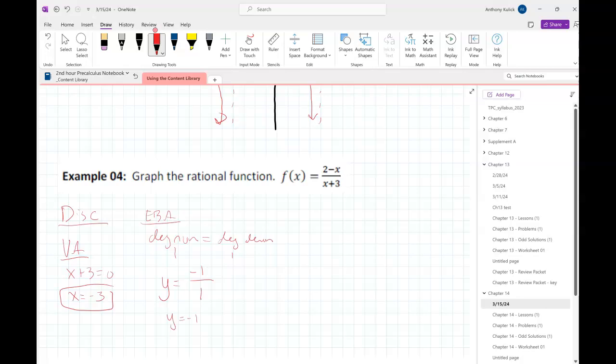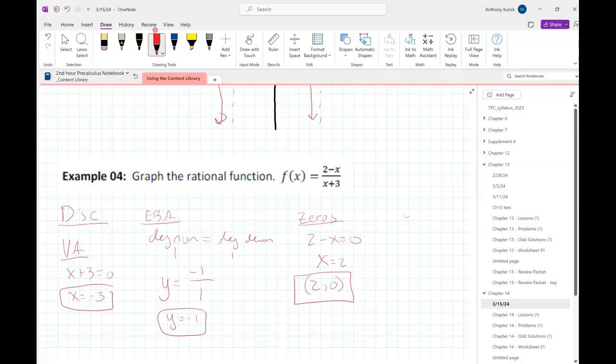So we just really have y equals -1. Cool. Okay. Then we need our zeros. So we'll take our reduced numerator, set it equal to 0, and we get 2. Feel good?